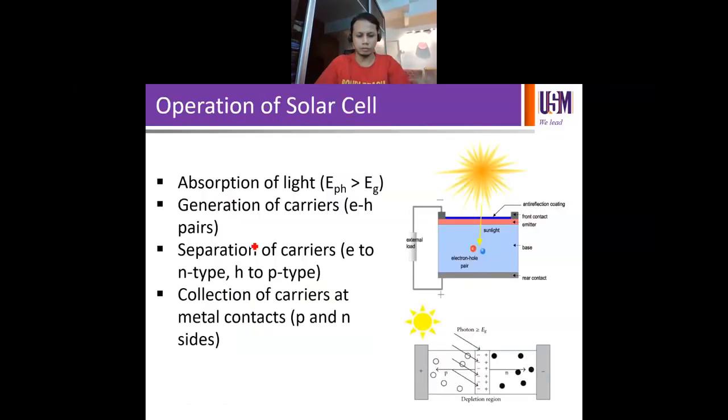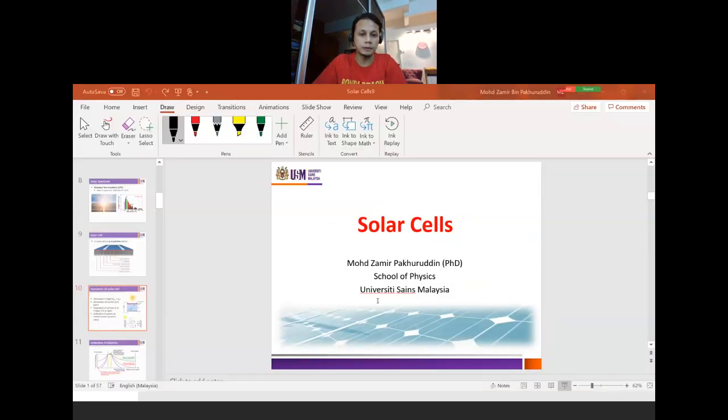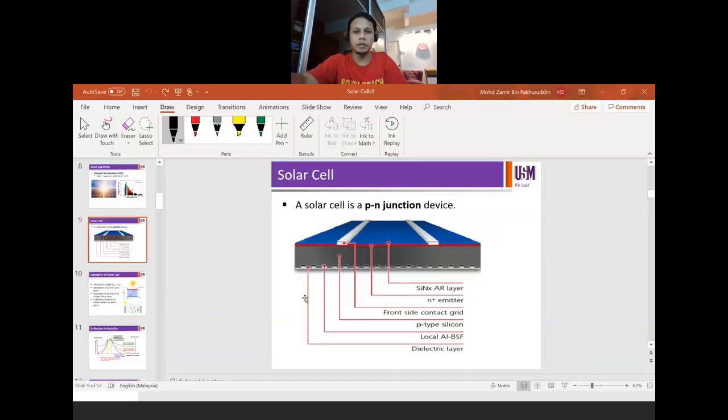All right, if you look at the layers in this picture, the central region, the gray area, it's p-type silicon. So that means we are starting our silicon solar cell fabrication with p-type silicon.